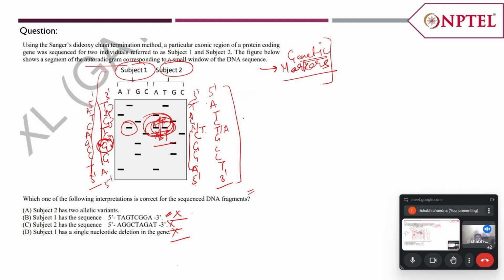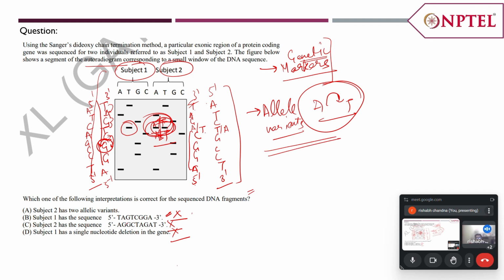These are called allele variants, where a single base can be modified to its other counterpart, and it might not change the protein sequence, or it can change the protein sequence. Okay, so this is the case. So option 1 is correct.